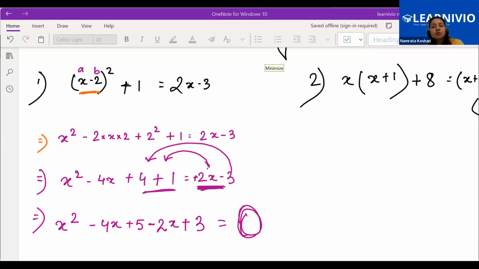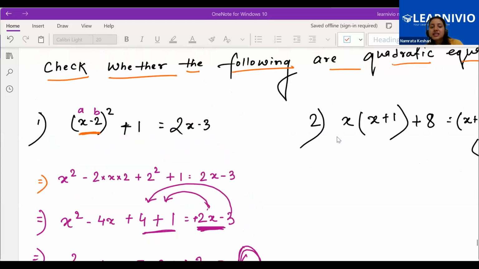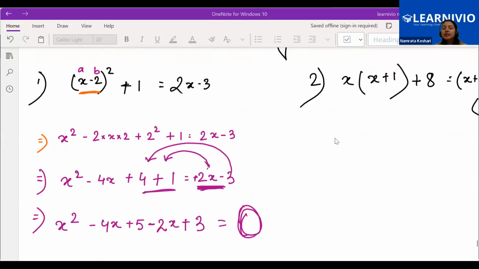You can write in the chat box. I am keeping my eyes on the chat box. Please tell me the next step. We have x square minus 4x plus 5 minus 2x plus 3 is equal to 0. We need to do the simplification, whatever is possible on the left hand side.